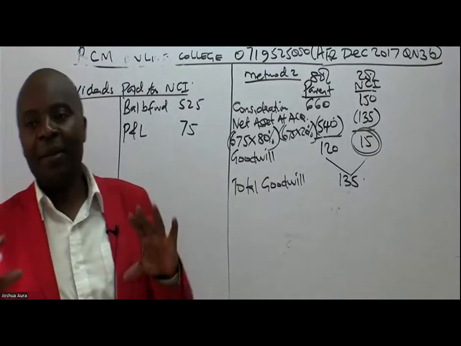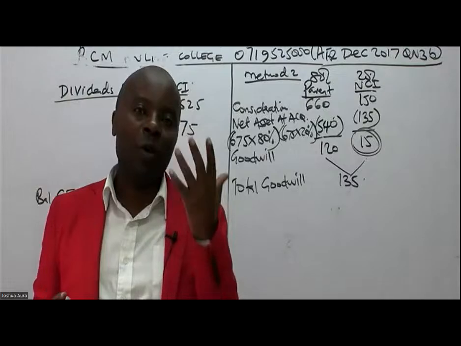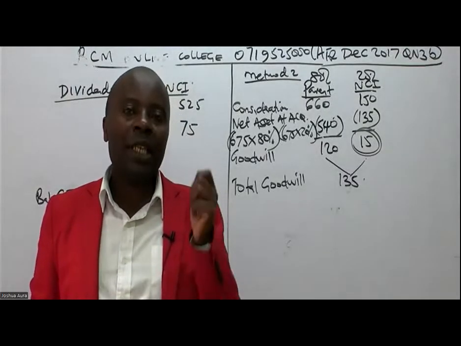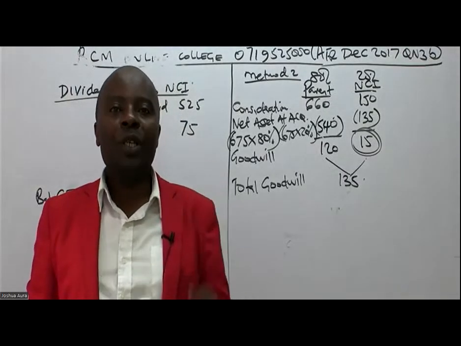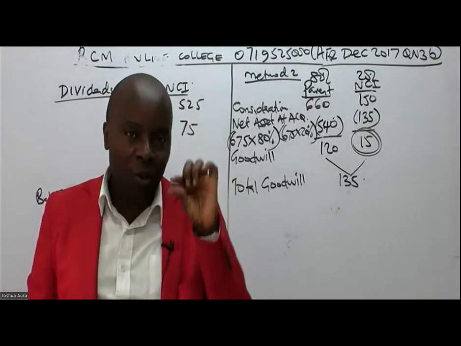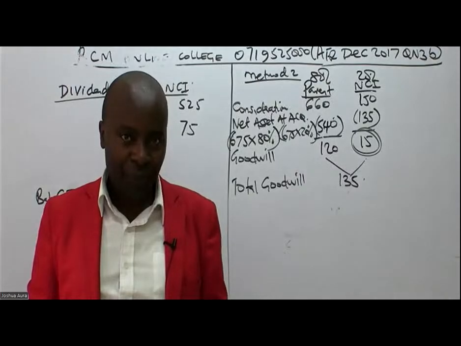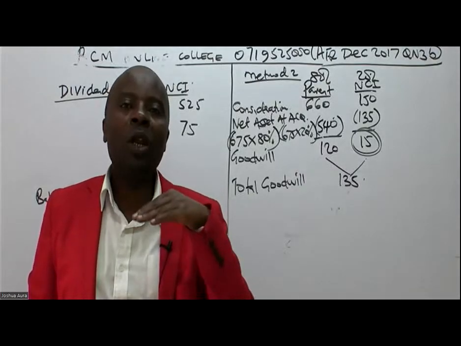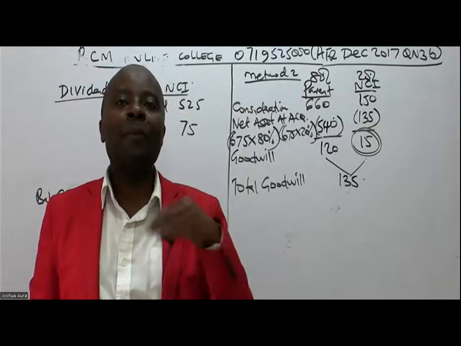Now from there, ladies and gentlemen, listen. Remember, in the year, we sold one of our subsidiaries. So when we sell a subsidiary, we expect the NCI figure to go down. These people will lose assets. They'll also lose some goodwill.